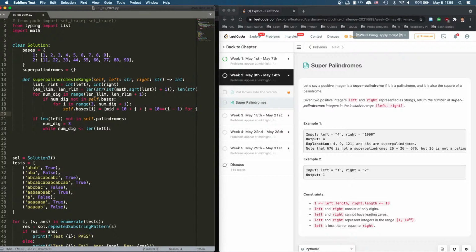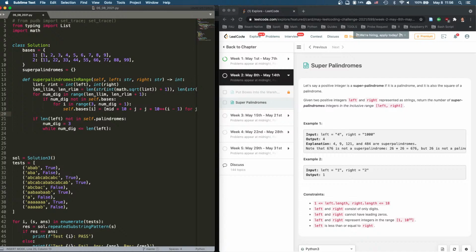Now we need to create the super palindromes for this whole num digits, right? So how do we know that it is populated? Oh, we actually don't know. We don't know.